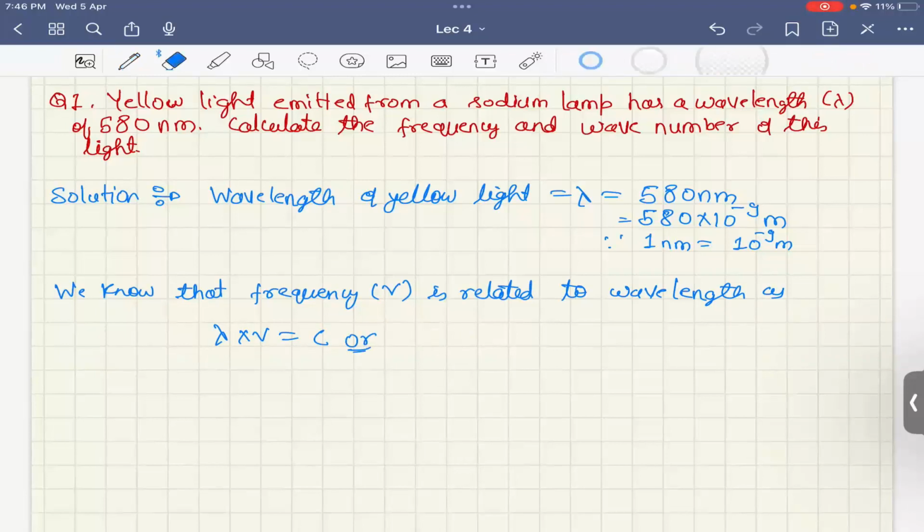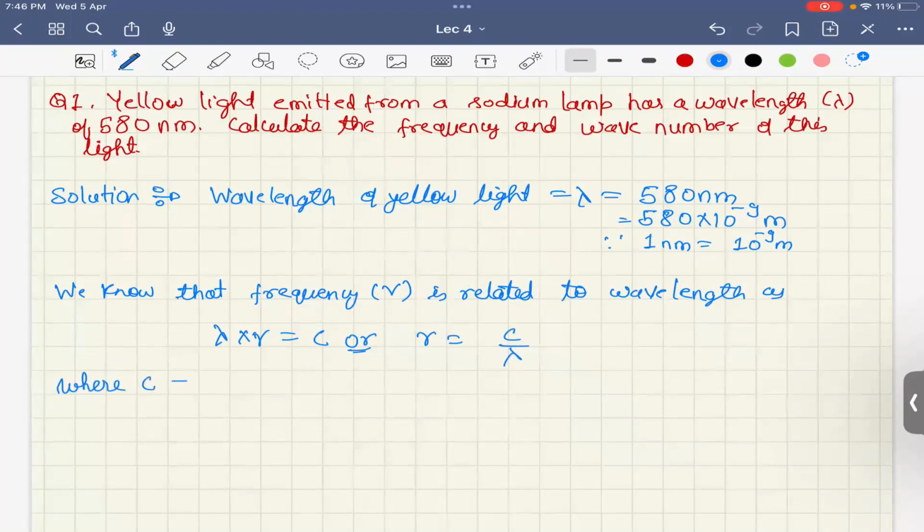So this is basically mu, right? Mu is equal to c by lambda, where c is the velocity of light, which for all practical purposes we take as 3 × 10 to the power 8 meter per second.